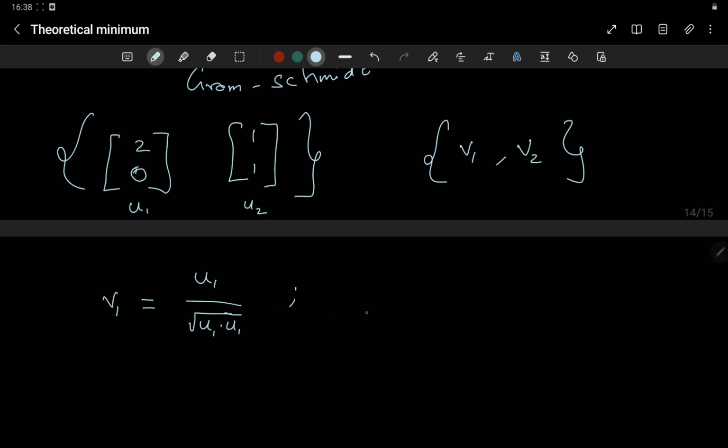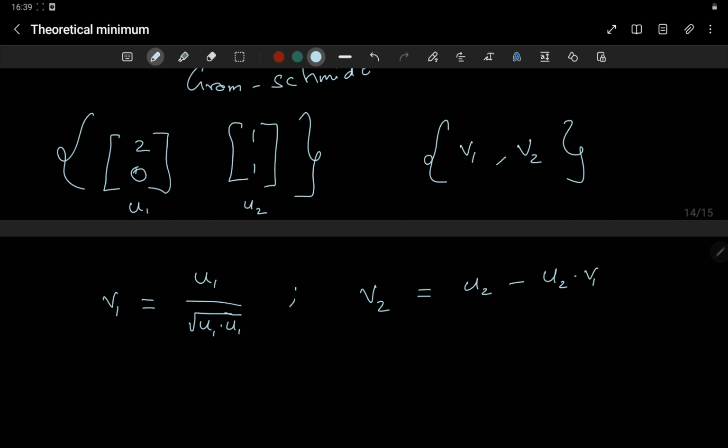So what's v2? v2 comes from u2, from which I am removing the part which is along v1. So u2 minus u2 dot v1. You know what the dot product is, right?